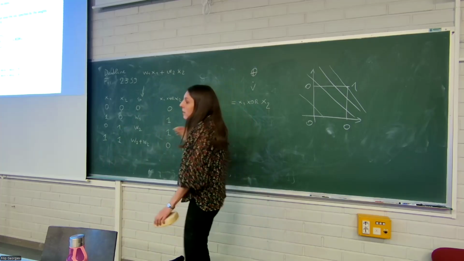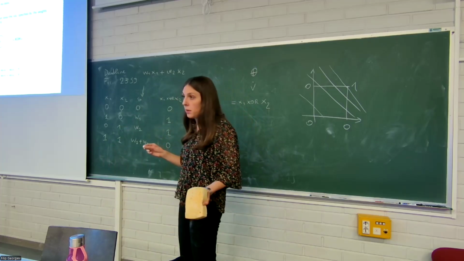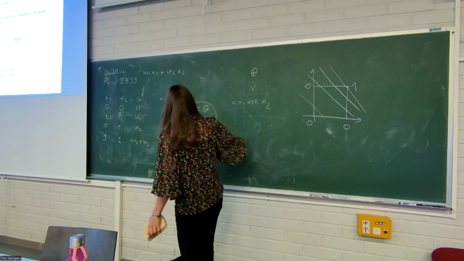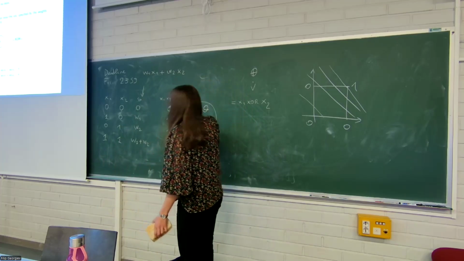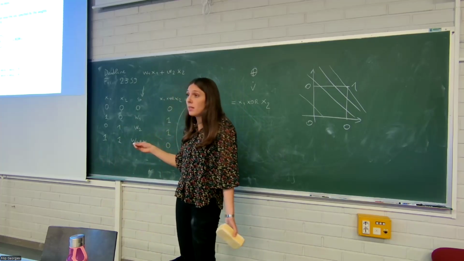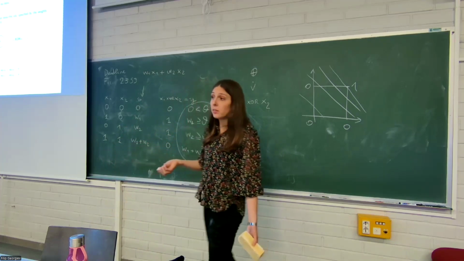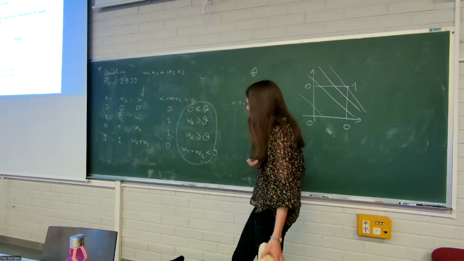My goal, since the intuition is that this is not perceptron computable, is to show that some of these conditions that come from assuming that this was perceptron computable are contradictory. Can you see that they are contradictory?